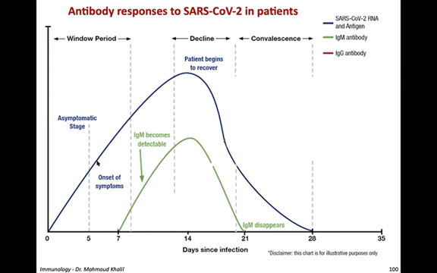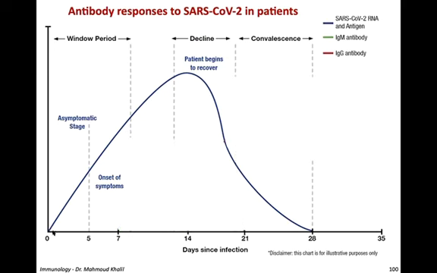The blue line represents the status of the virus inside the patient, and you can see where the onset of symptoms starts to appear, at what level of the antigen of the virus, and as well when it starts to decline, and this is detected by PCR.